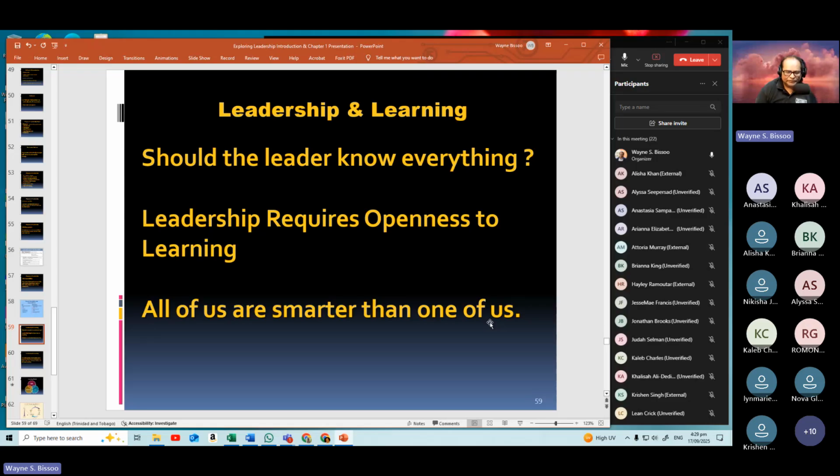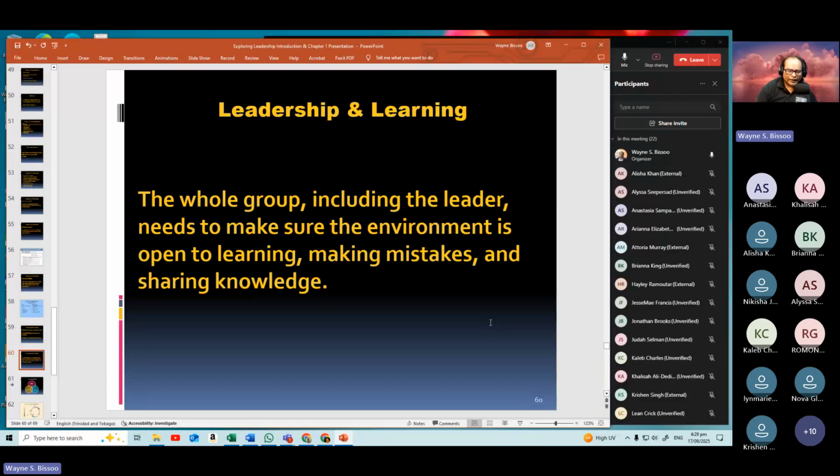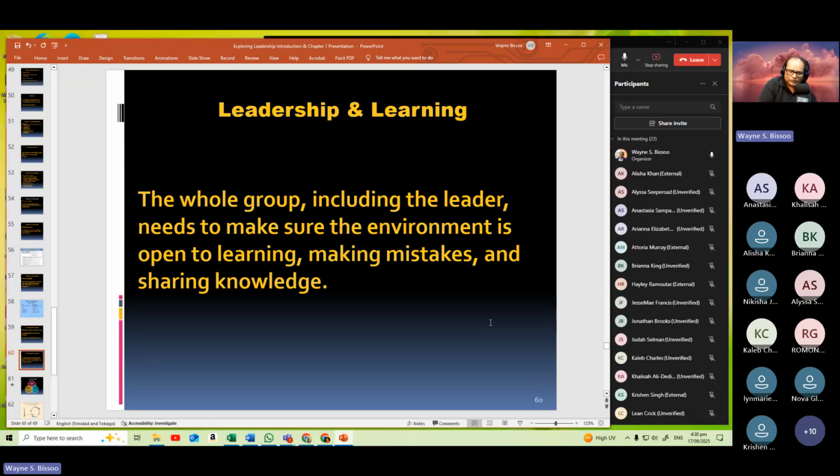Nobody can be perfect, but nobody arrives there without breaking a couple of eggs along the way. All right. So in the organization, it's important for us to make sure that the environment that we create is open to learning, to making mistakes, and sharing the knowledge that we've gained from the process of learning together.